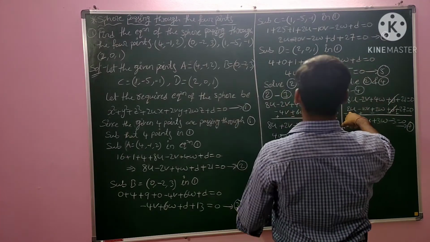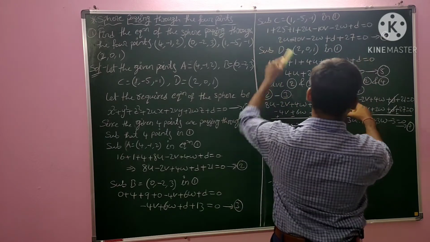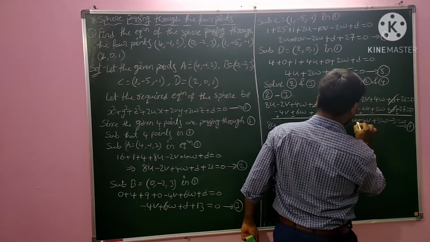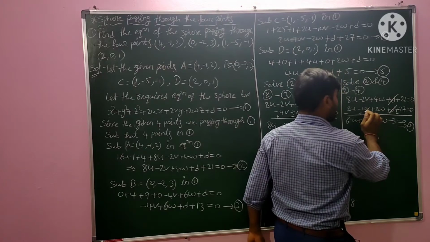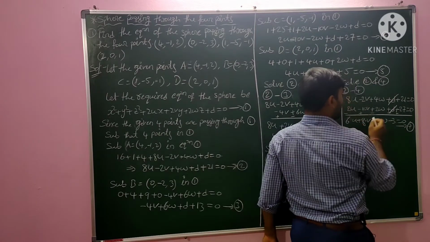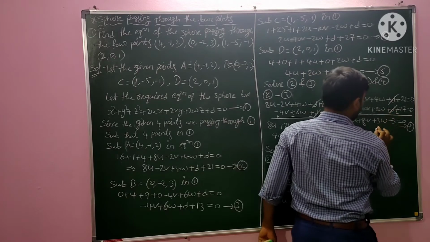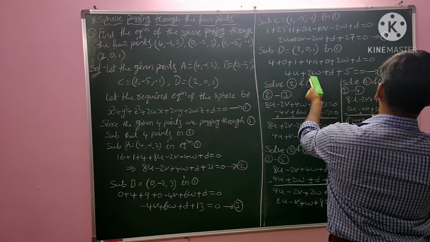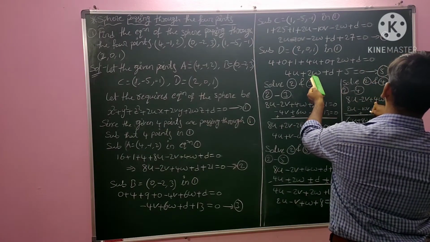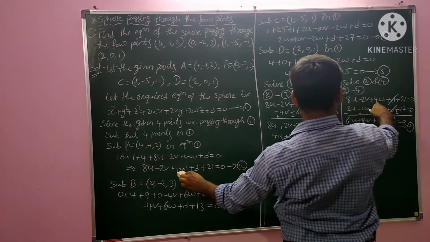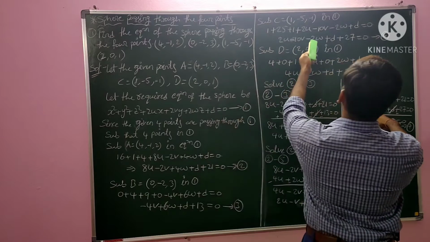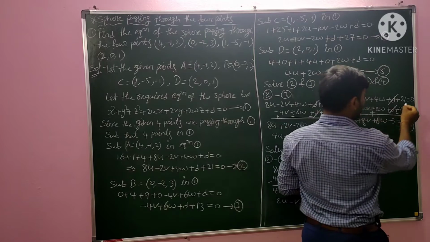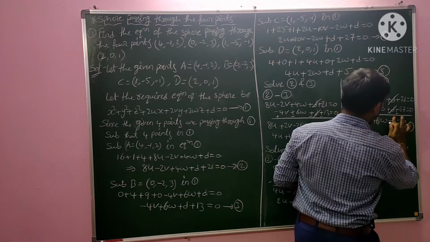Remaining are 8u minus 2u, you will get 6u. Here minus 2v plus 10v, you will get plus 8v. Sorry, the second one is 4w, and the fourth one is minus 2w, so here you will get 4 plus 2, 6w, and 21 minus 27, you will get minus 6.